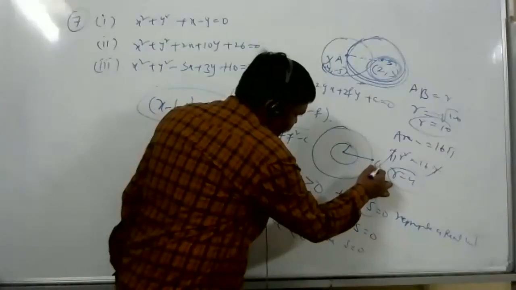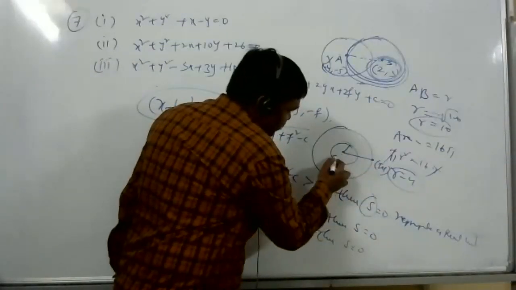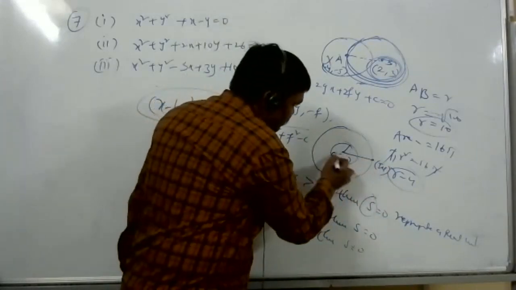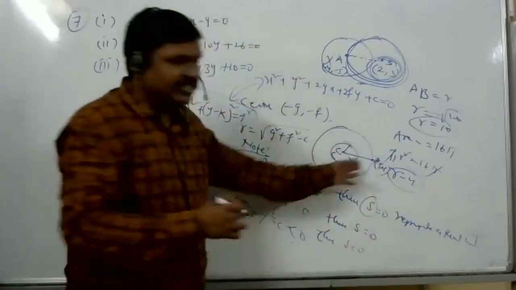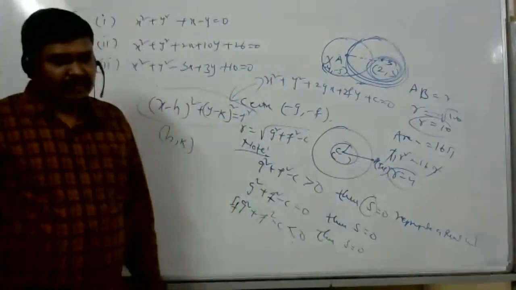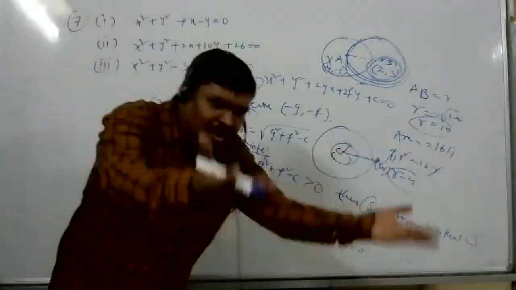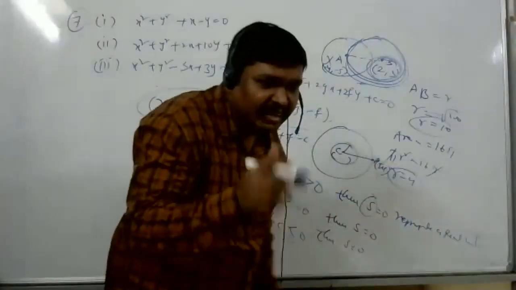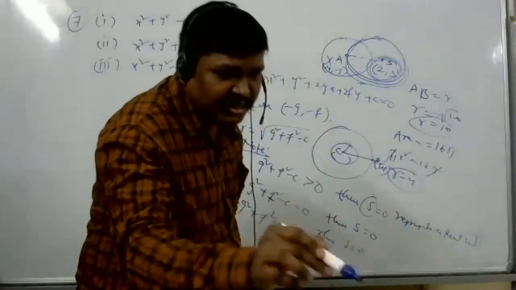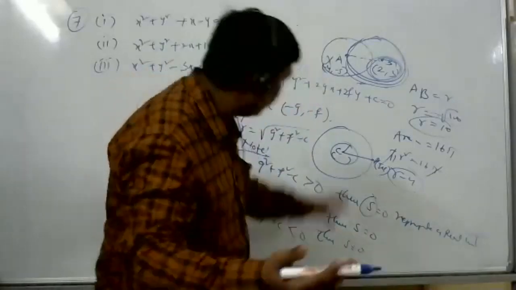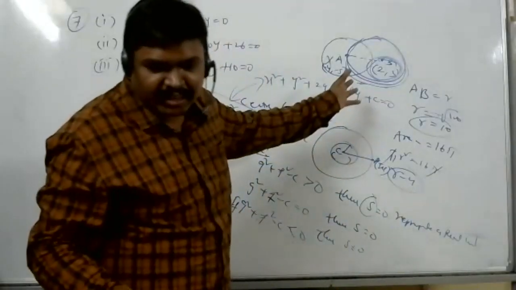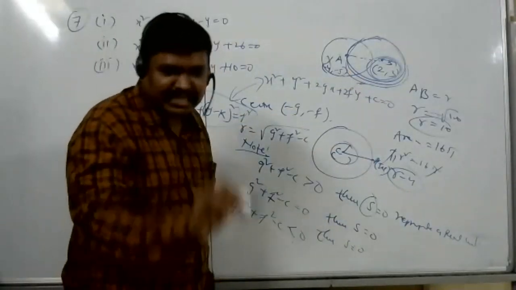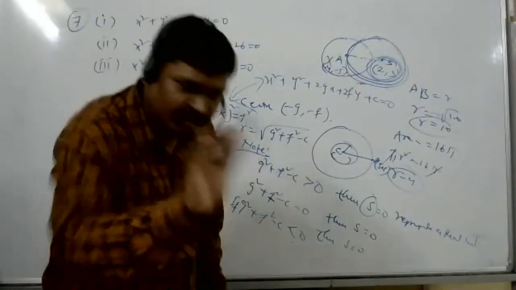This point is given, (5, 4). We have to find the center, then find the distance CP. CP is equal to R. Or otherwise, apply the direct formula. What is that equation? x square plus y square plus 2gx plus 2fy plus c is equal to 0, that means x square plus y square plus 4x plus 6y plus 11 is equal to 0.